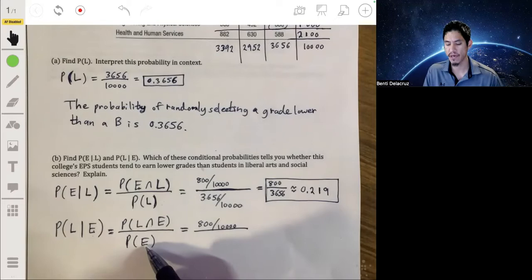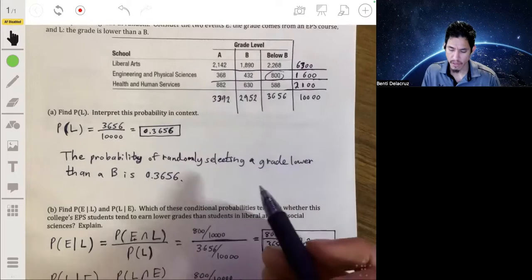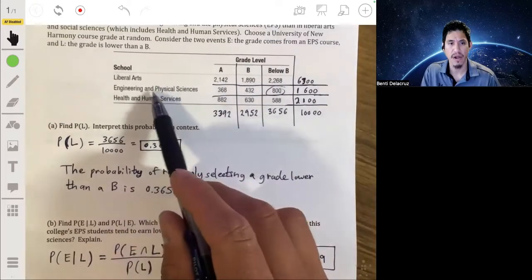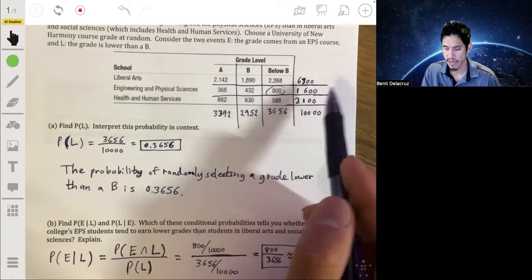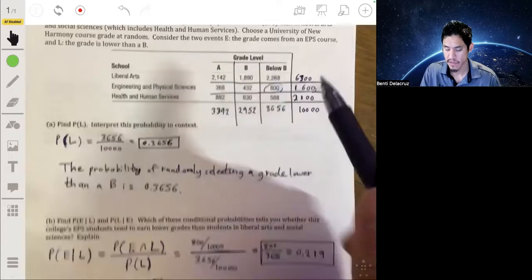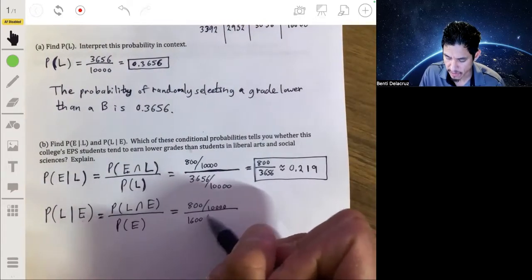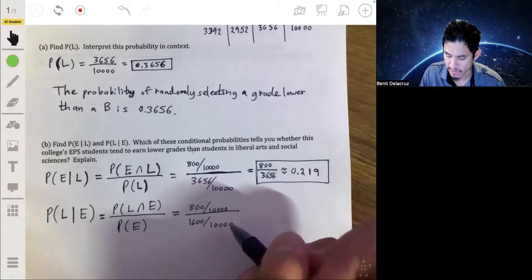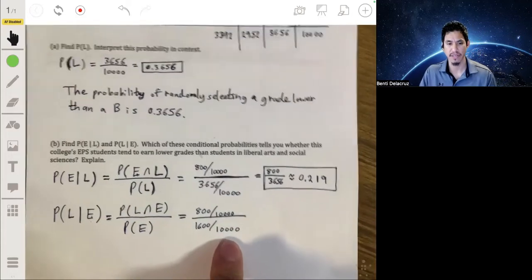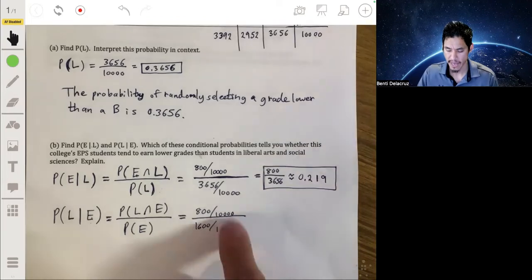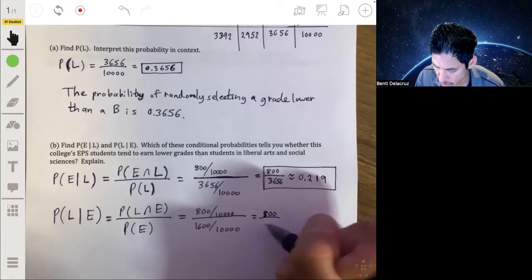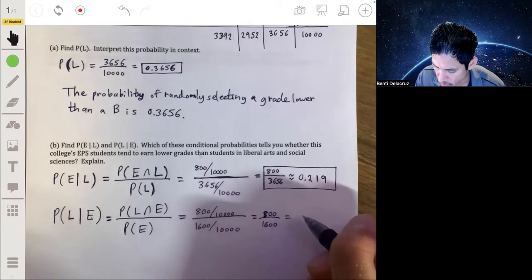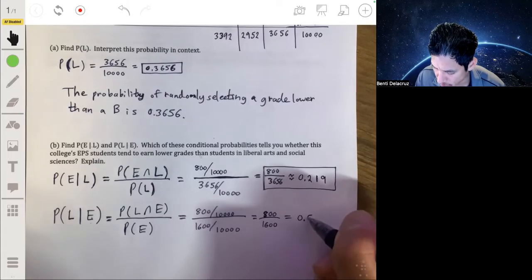But now we have to find the probability of being in engineering, probability E. We just take this row's total, which is 1,600, and this goes in our denominator. The probability of being in engineering is 1,600 out of 10,000. The 10,000s cancel, so we really get 800 out of 1,600, which gives us 1/2, or 0.5.